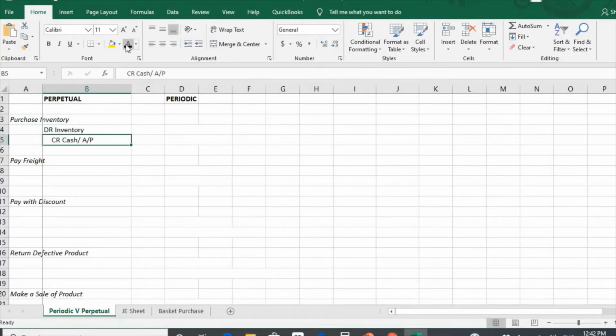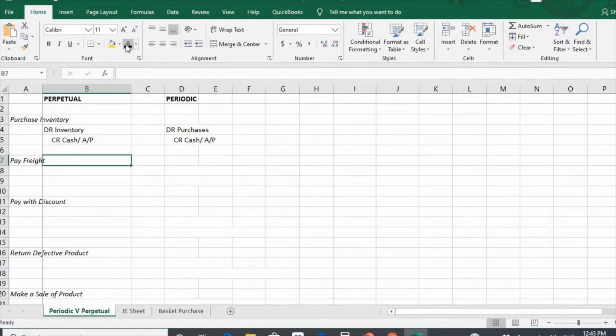We debit inventory for the amount that we paid, and we credit either cash or accounts payable, however we paid for the item. Under the periodic system, we're still going to credit our payment method. However, the debit cannot be to inventory, because inventory will not get adjusted until the end of the period. So instead, we're going to debit an account called purchases, and that account will be a temporary account that will be closed at the end of the period.